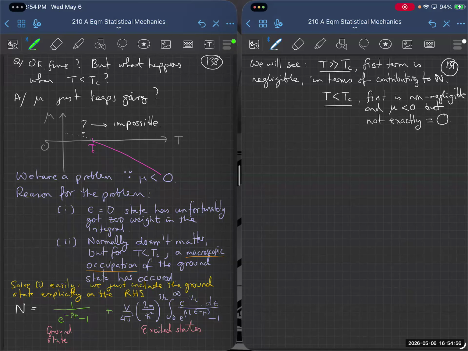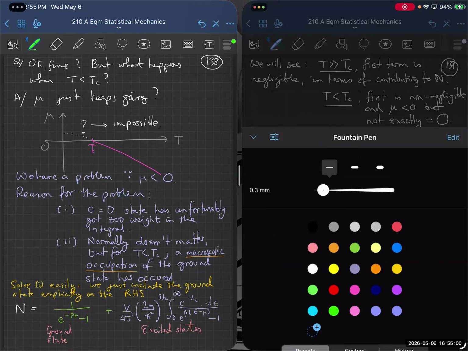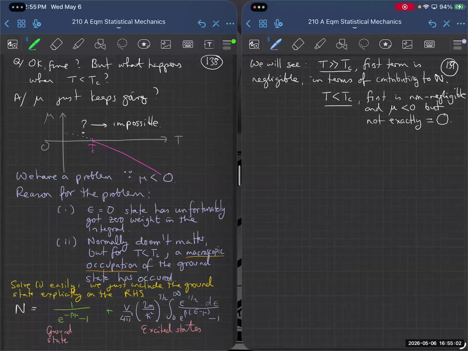So the picture is that it's not true that mu equals 0 for T less than Tc. It is close to 0, but not exactly equal to 0, and I'm going to quantify that right now. The only way that we can resolve this problem is if this happens. So now let's see how this works.